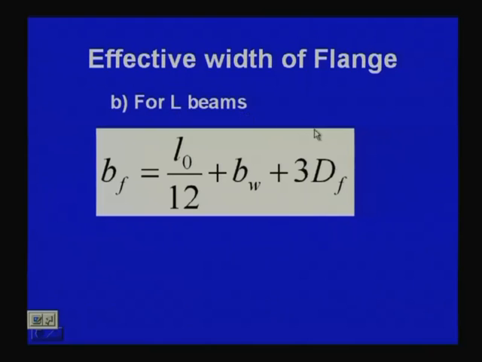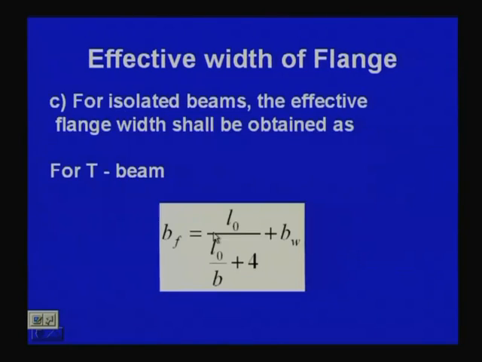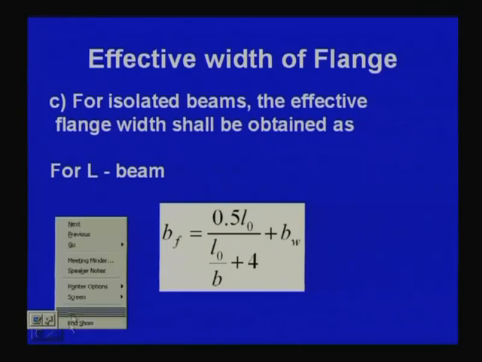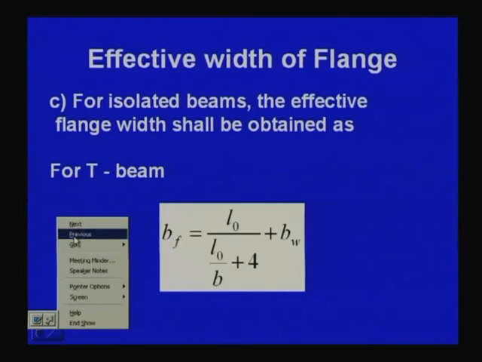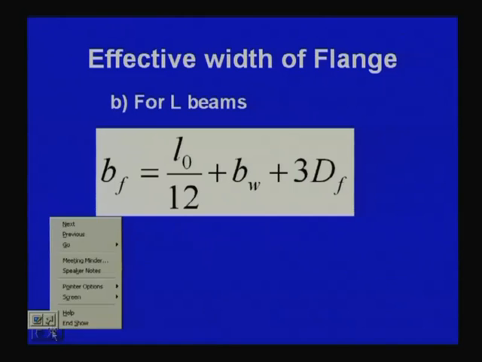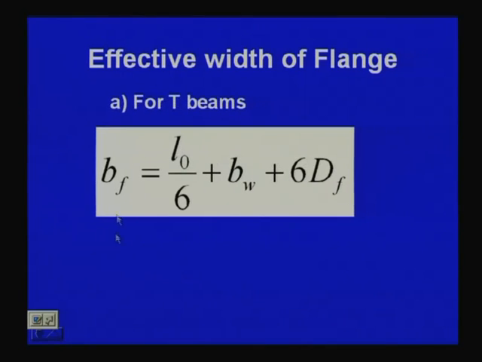If it is an L beam, then we shall use this one, and if it is an isolated beam, as per our code. For T beam we shall get this formula, and let me mention the other one for L beam. In our case, as I have already shown while designing the T beam, we shall use this formula.